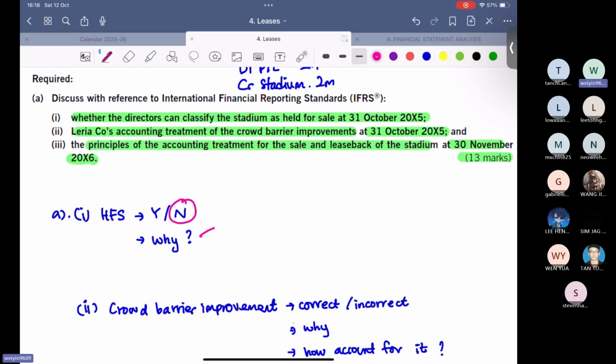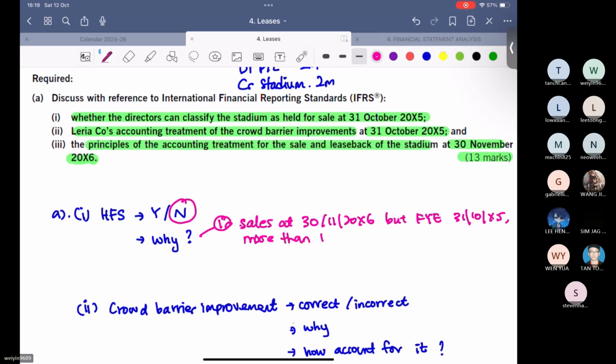Because, number one, the sale is at 30th November 20X6, but the financial year end is 31st October X5, which is more than 12 months. So it's not highly probable.